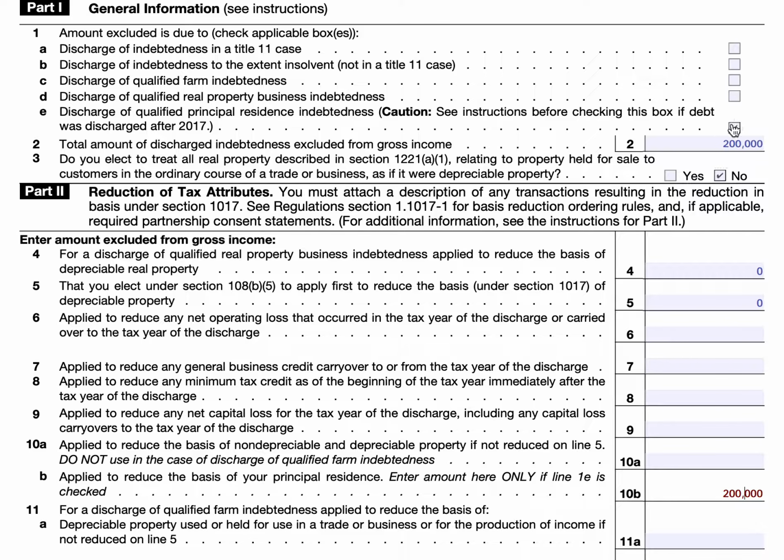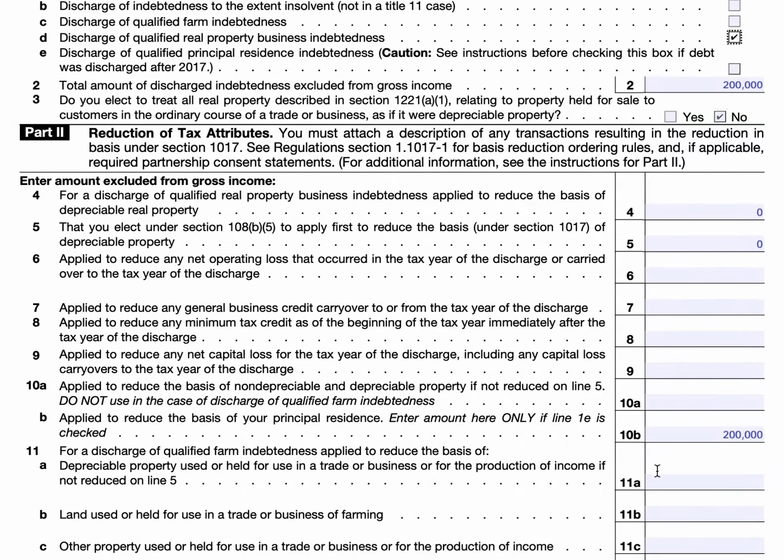However, if your $200,000 was, say, related to one of these other items, real property business indebtedness, and you decided that you were not going to reduce the basis of your property, now you've got $200,000 that you need to allocate into one of these other areas.